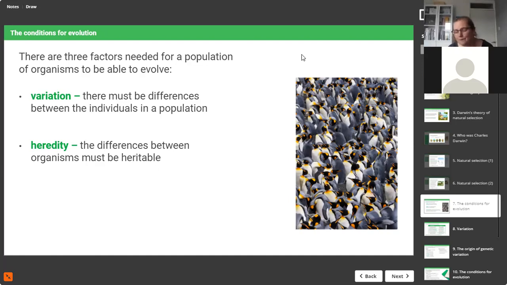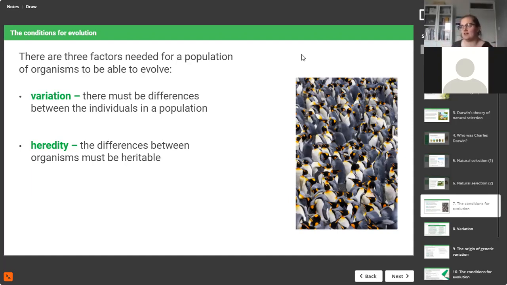So, for example, what would be an example? Let's say a squirrel that had lost its tail actually found it was able to live for longer. That isn't going to help an organism to evolve because that has happened after it has been born; it wasn't born without that tail.